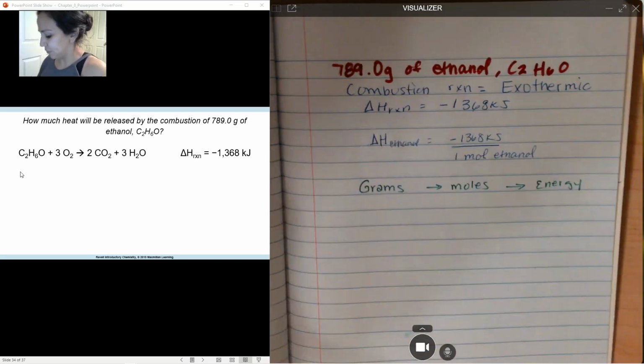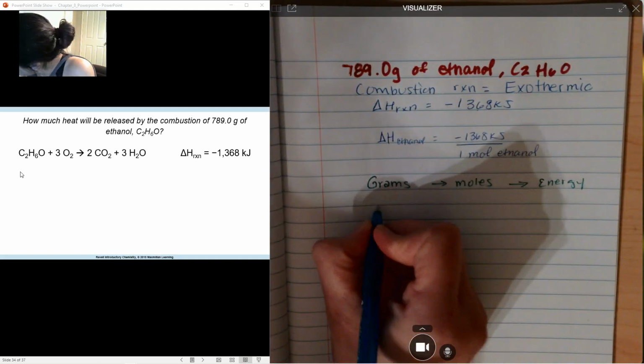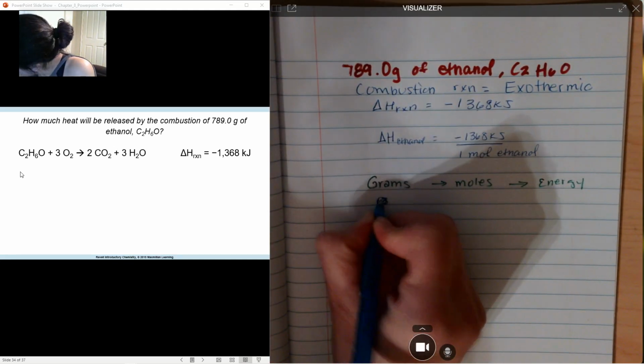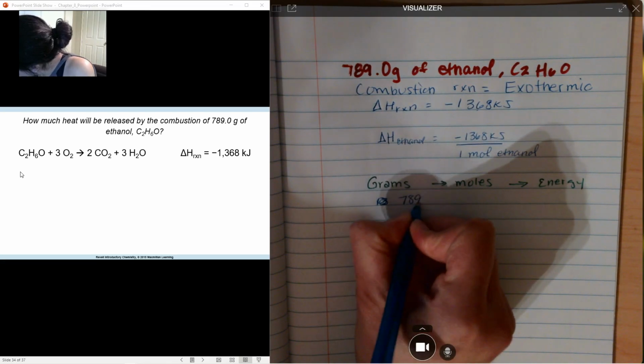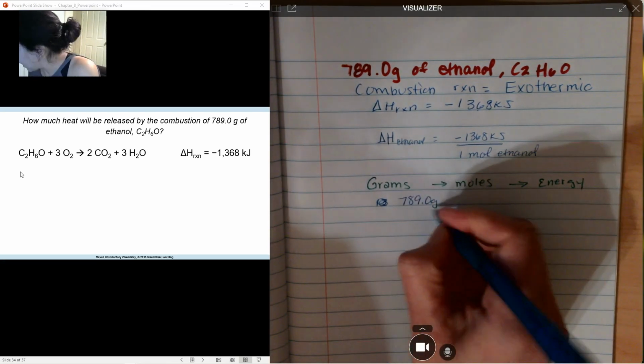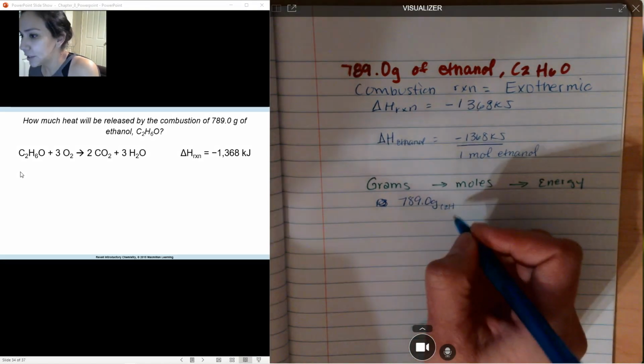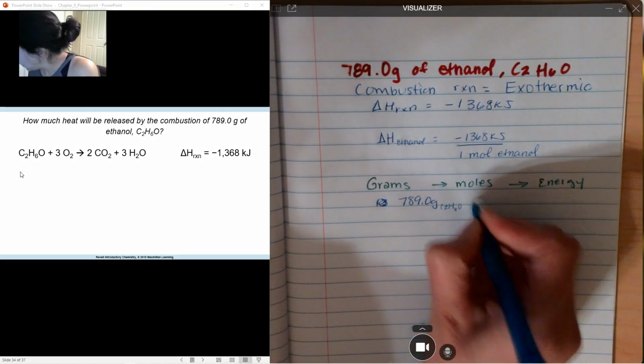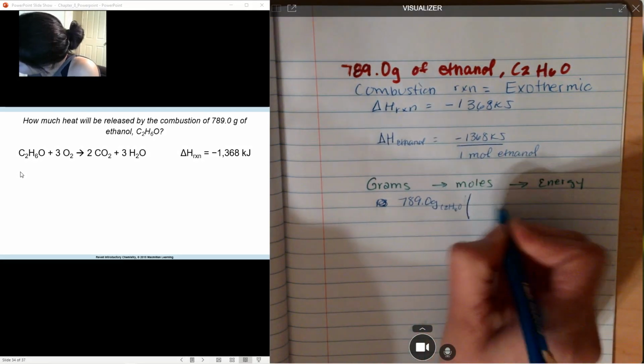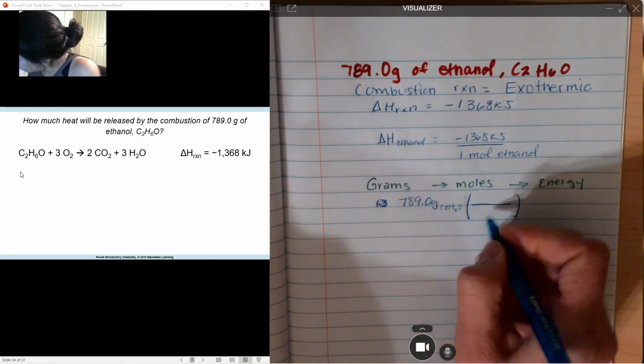Those are the steps that we're going to do. So here we have 789.0 grams of ethanol, C2H6O, and we're going to convert it into moles by using the molar mass.